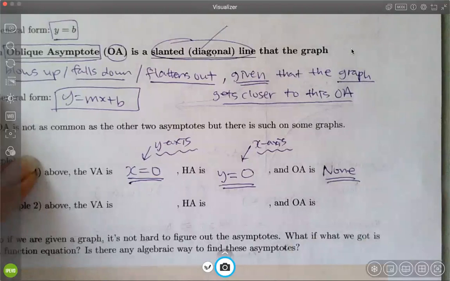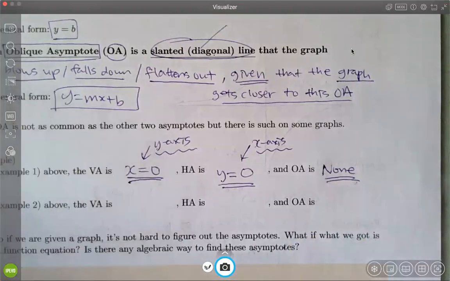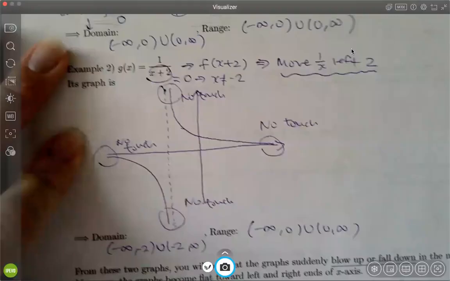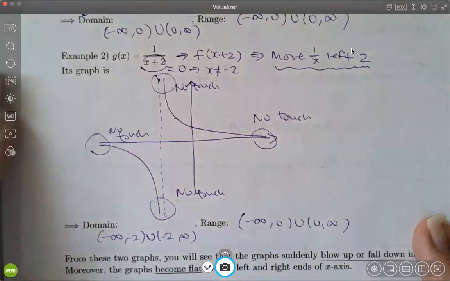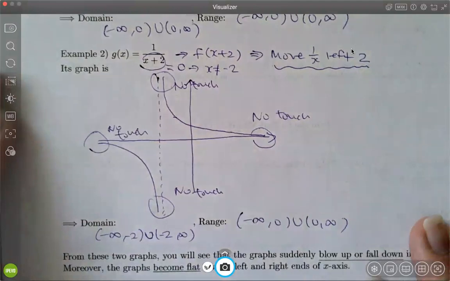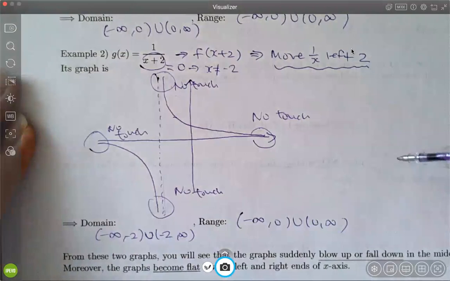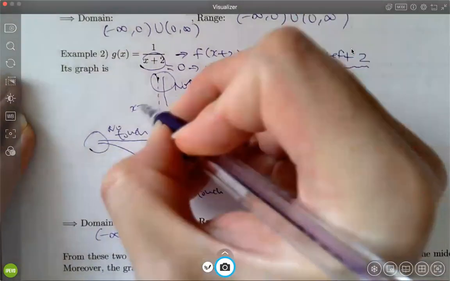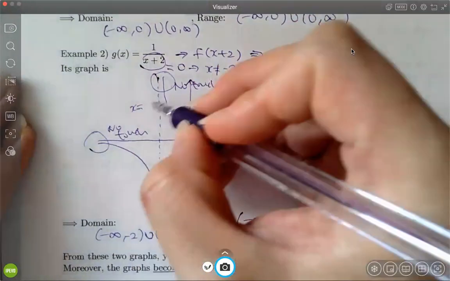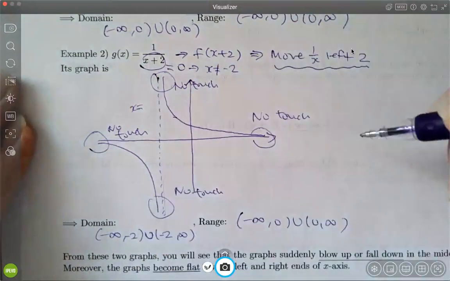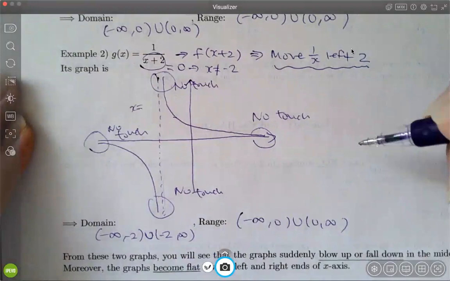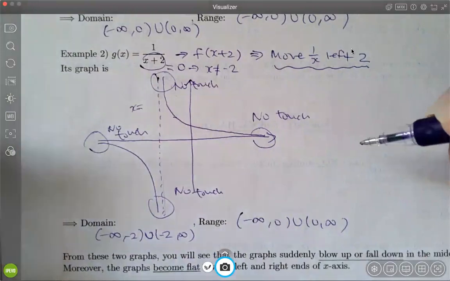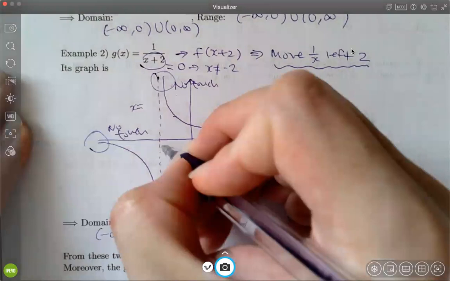Now let's look at the second graph, which was 1 over x plus 2. Is there any vertical asymptote? Yes, this dotted line, right? It has to have the form x equals some number, but what should that number be? -2, yes. So that number is -2.